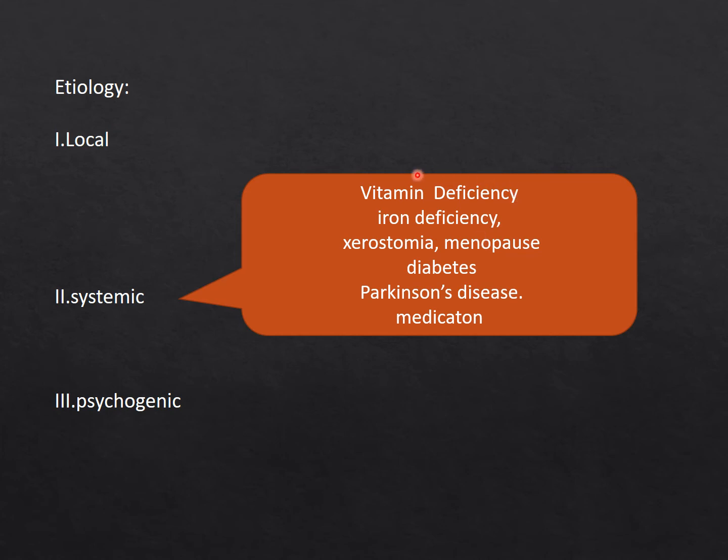So if there is any vitamin deficiency or iron deficiency, the patient needs to take multivitamins and fortified iron supplements. And it may also be due to systemic conditions that result in xerostomia, and it is directly related to menopause, diabetes, and patients who are on Parkinson's medication. So these are all the factors that need to be checked and identified.